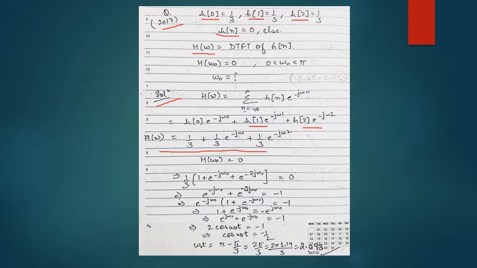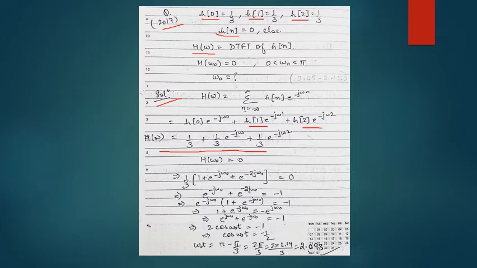Now we move to the next part of the question. It says that for H of omega naught equal to 0, where omega naught lies between 0 and pi, we have to find omega naught. One part of the question is complete, as we have found H of omega. Now we have to find omega naught for the given conditions.